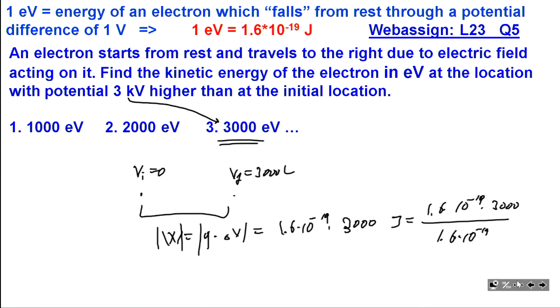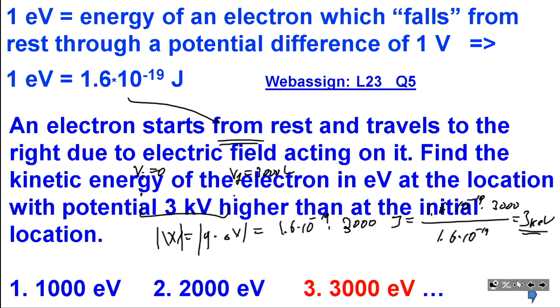So, of course, it's going to be 3000 electron volts, so 3 kilo electron volts. That's why it's a convenient unit. If we know the voltage an electron travels through, it tells us the energy it gains in electron volts.